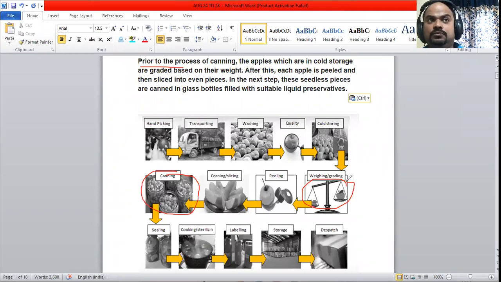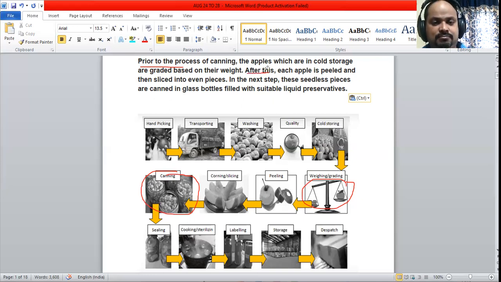I don't know exactly how the measurement is done, but it is weighed and graded. Based on the weight they are graded. It's not based on the color. It is not based on the taste. It is based on the weight.